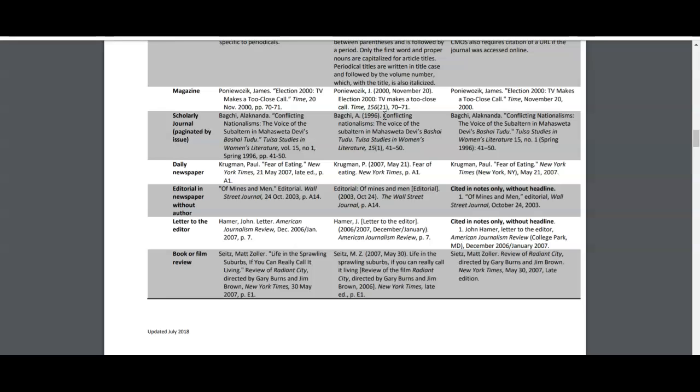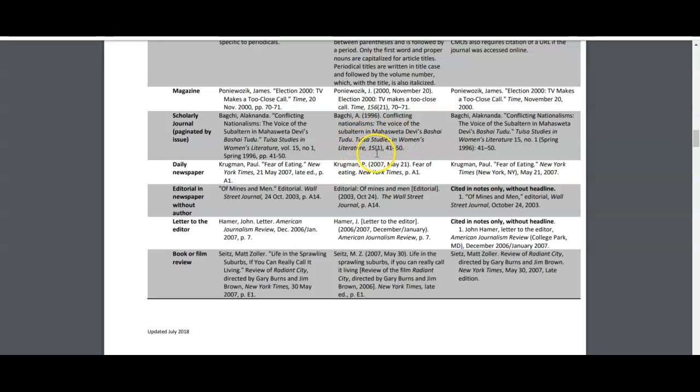Again, you only capitalize the beginning letter, the first letter after a colon, and any proper noun. So you can see that there is a proper noun here, and it has been capitalized. You capitalize all the important words in the journal title. So here's the journal title, and you italicize it, like I said before.